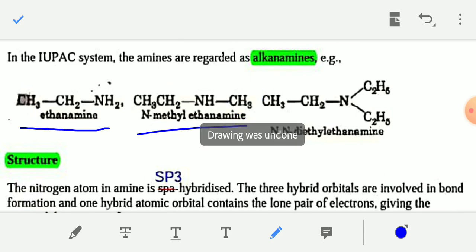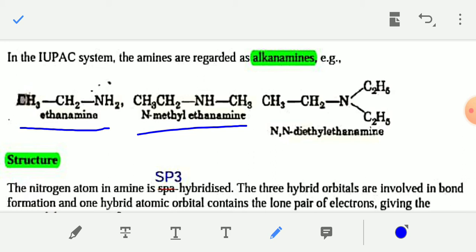And in case of tertiary amine, tertiary amine contains three alkyl groups of the same types or different types. In this example, the nitrogen atom contains three ethyl groups, and you have to take one alkyl group as main chain, and the rest two alkyl groups as substituents.